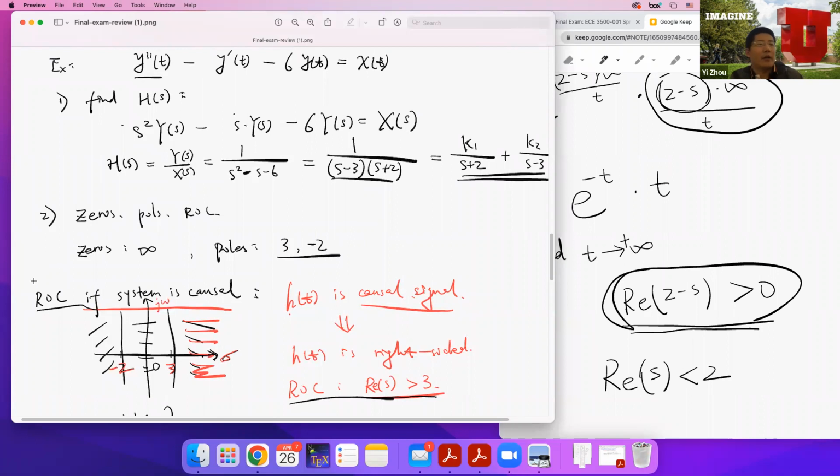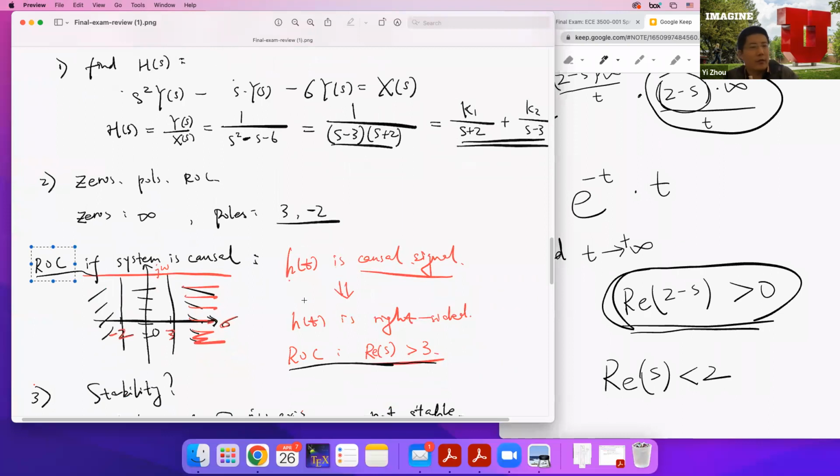And then another small question is what is the region of convergence in order for the system to be causal? Now, let's go back to the causal part, right?